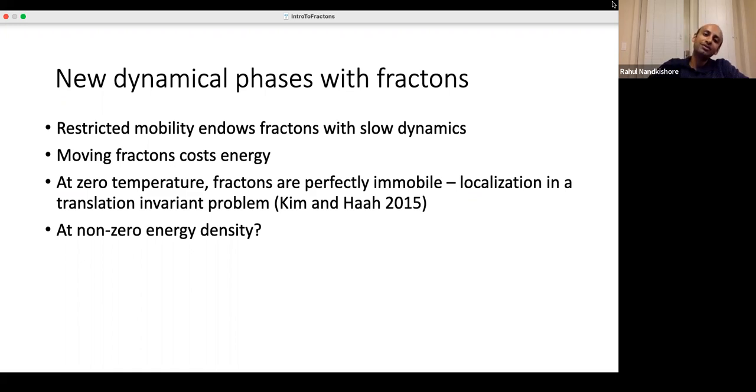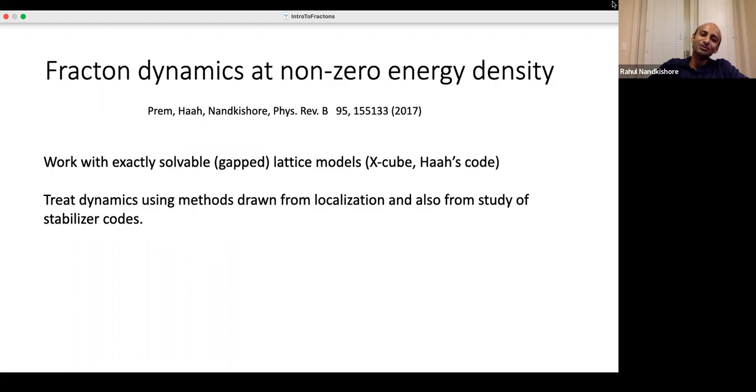The less trivial version of this is you consider excitations which are present at non-zero density. Because if they're present at non-zero density, then you can do non-local things whereby the excitations move in some correlated fashion.